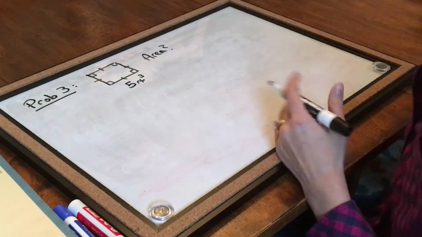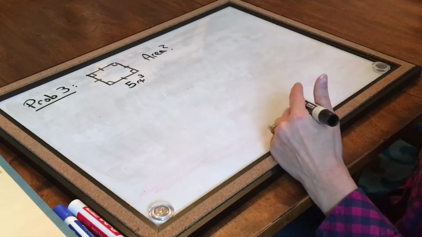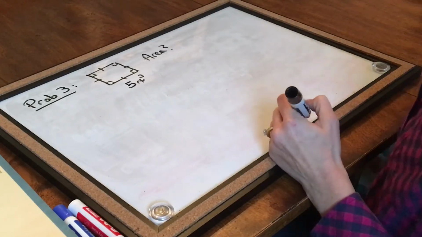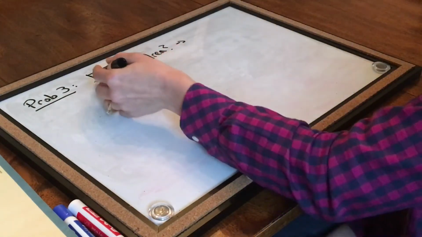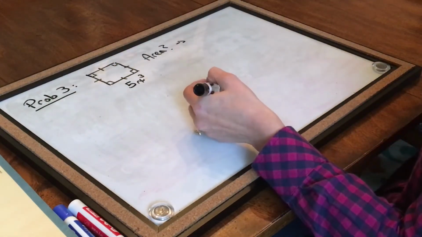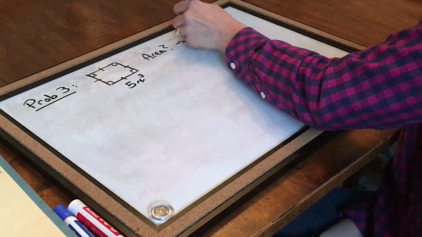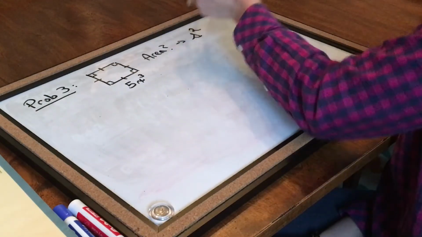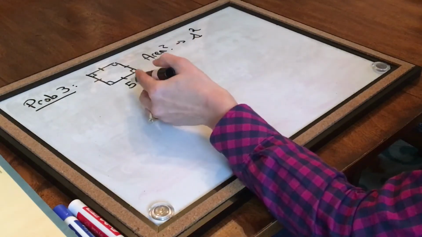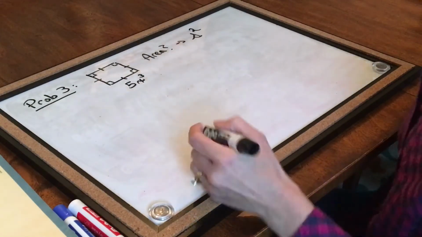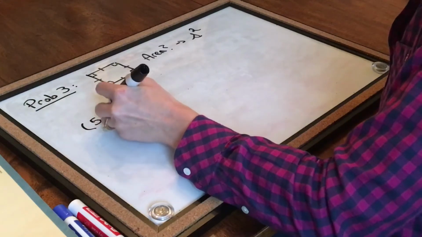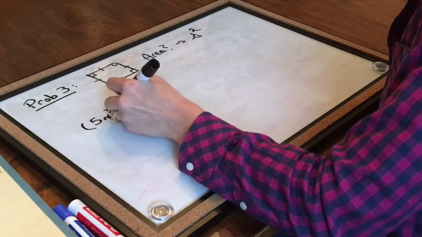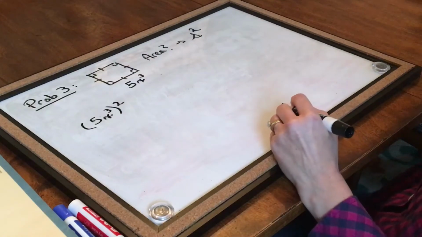Okay, so first let's do a little geometry remembrance. So our area formula is length times width, or in the case of a square, it's whatever our side is squared. So in this case, one side is 5x to the third. So we're going to take our 5x to the third and we are going to square this whole thing, okay?